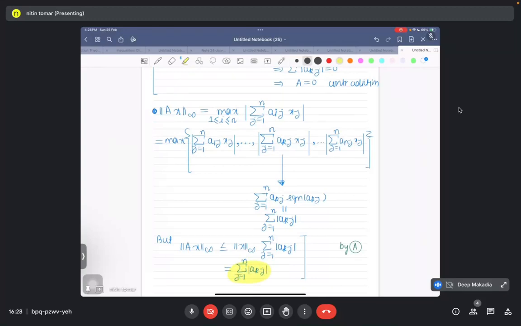But this upper bound is already there in the maximum. So they have to be equal, right? Think logically. This is maximum over some finite number. Am I correct? And one of the numbers bounds every other number and it is already in the set. So this has to be the maximum.